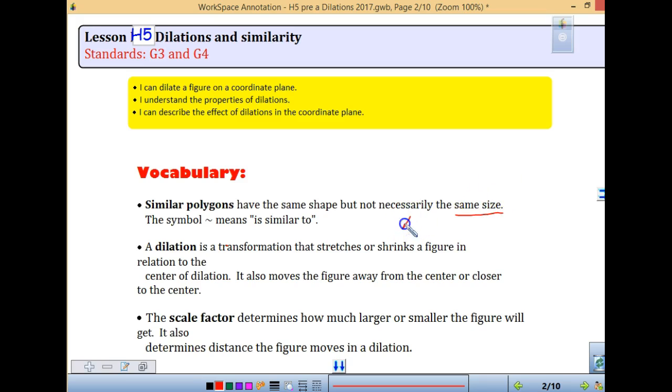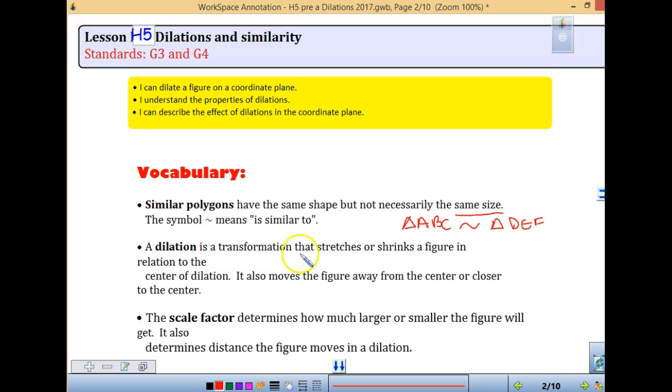So you could write triangle ABC is similar to triangle DEF. So as you're filling in your blank in your notes, right here, not necessarily the same size is the word you were looking for, okay?